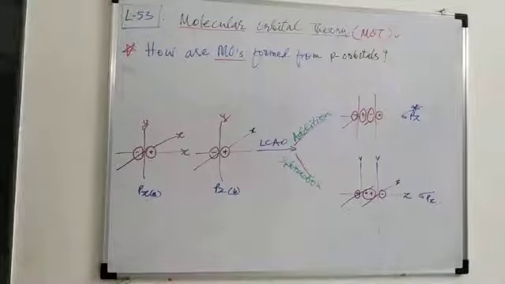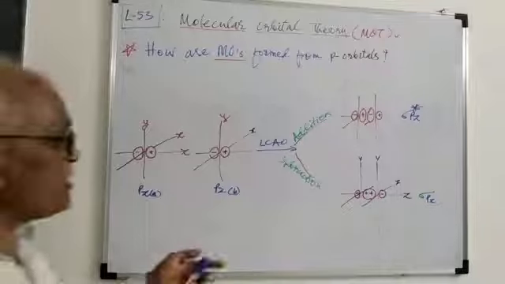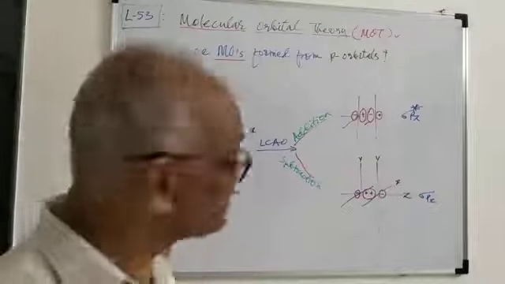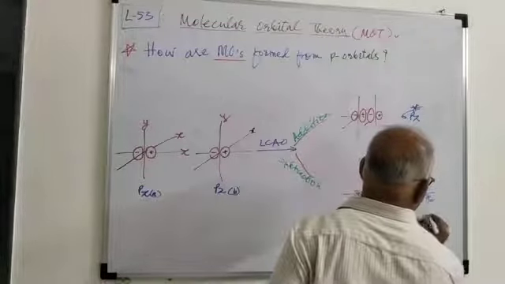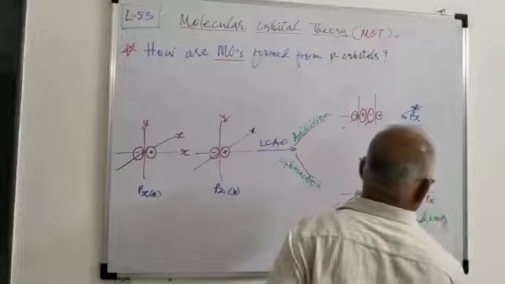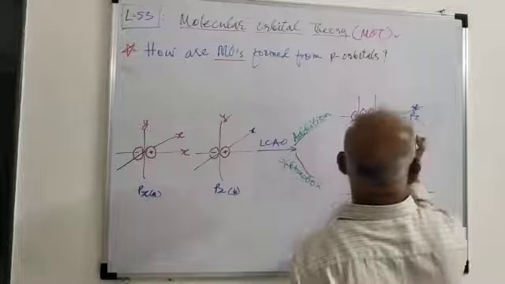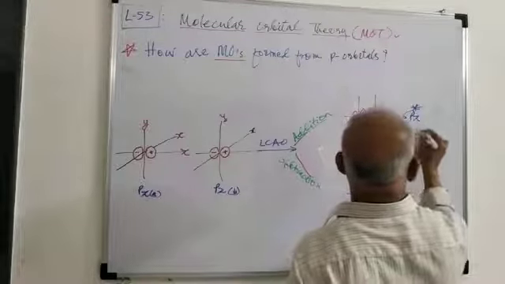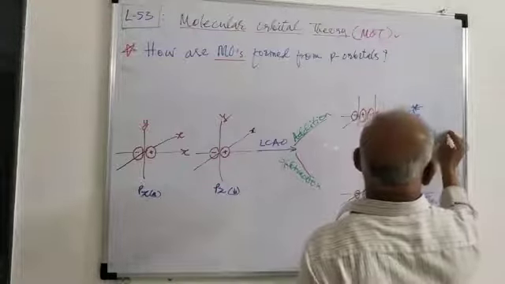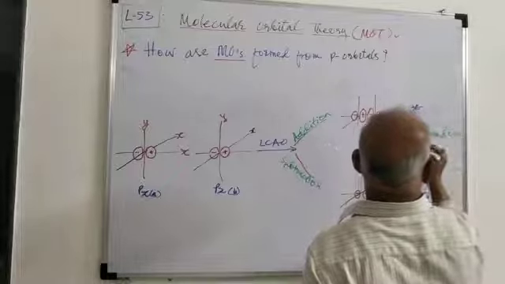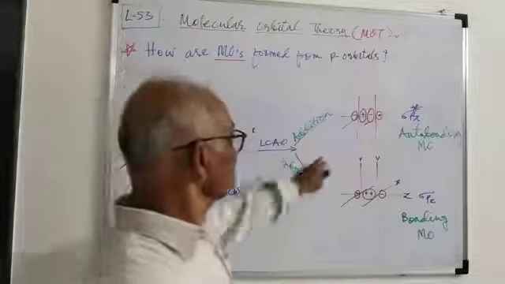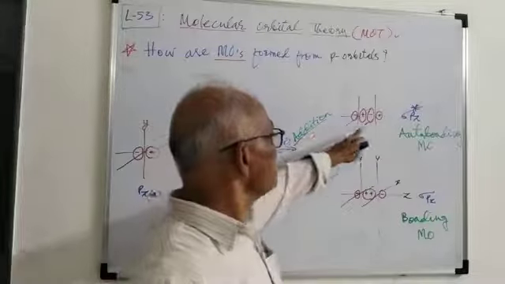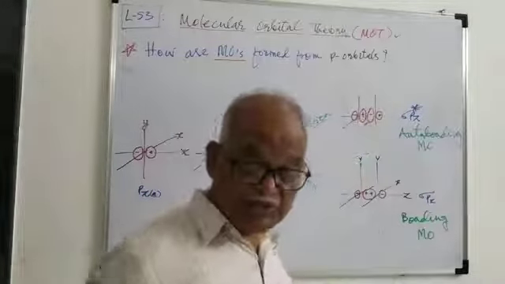So this is our antibonding molecular orbital, and this is our bonding molecular orbital, and this is the antibonding molecular orbital.